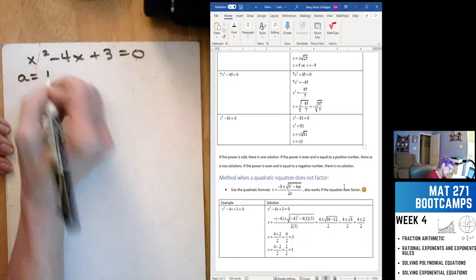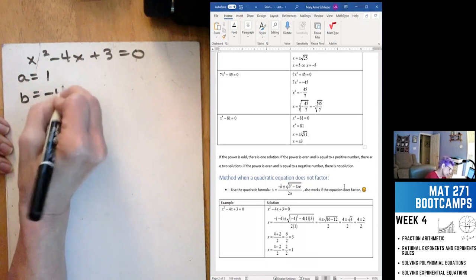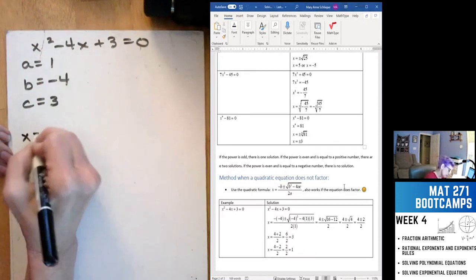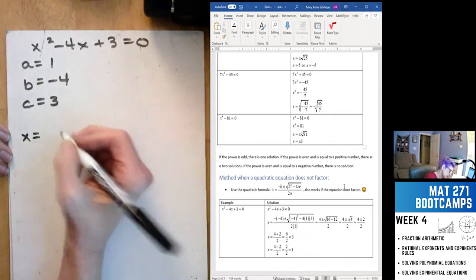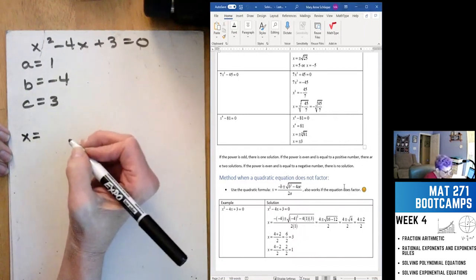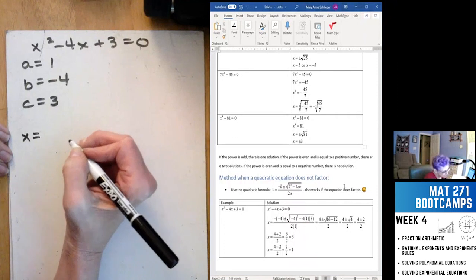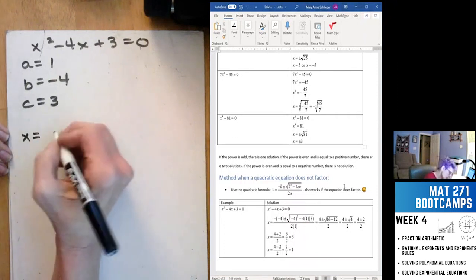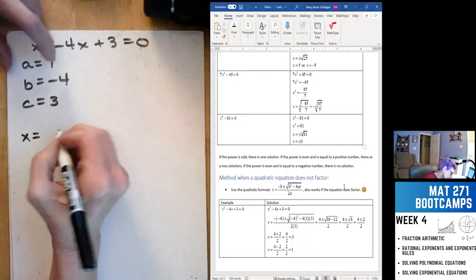So a, b, c, negative b, plus or minus square root, b squared minus 4ac, all over 2a. Yes, you have to hear that song again.